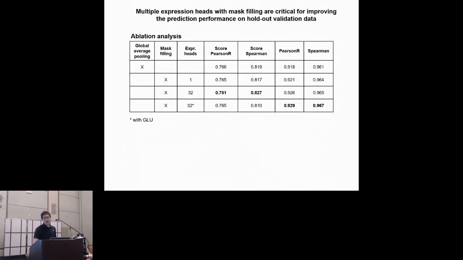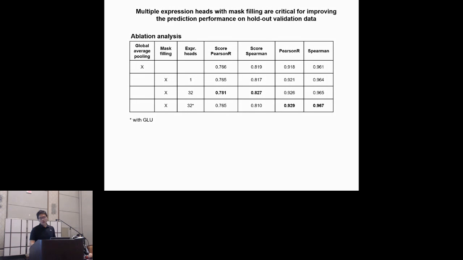The ablation study shows that when using only one expression head, the final model performance is very similar to global average pooling. However, when we use 32 expression heads with mask filling, we see a significant improvement on the holdout validation data and produce the highest weighted score.